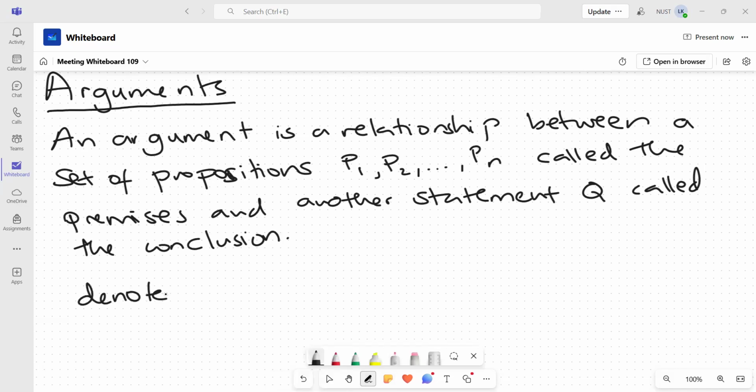Okay, so this is denoted as follows. So it is denoted by, say, P1, P2, and it goes on to Pn.